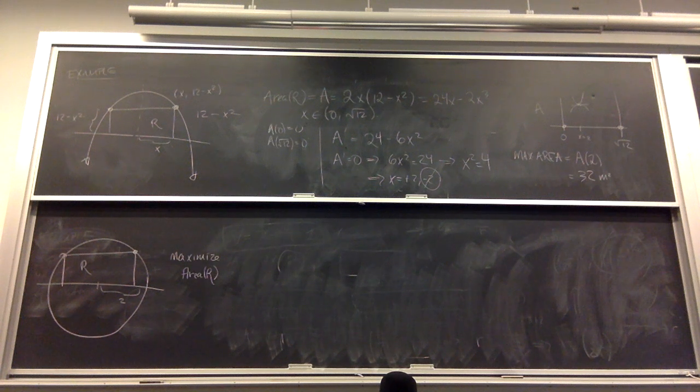So therefore, the whole side length would be 4 minus 2x. So what would the height be? Which equation should I use? Like the radius?